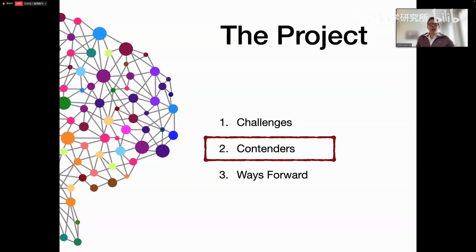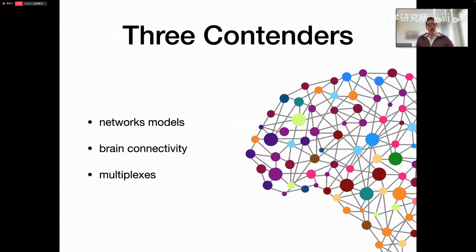First of all, I said I'm going to look into 3 contenders. First of all, I'm going to look into network models, then brain connectivity models, and then so-called multiplexes, kind of the newest game in town. Network models are based on 2 ideas. First, we have a bunch of correlational data, and then secondly, we can apply machine learning or statistical modeling to calculate some kind of graph, maybe causal graph, some kind of network in order to give us an idea of the relations between variables.